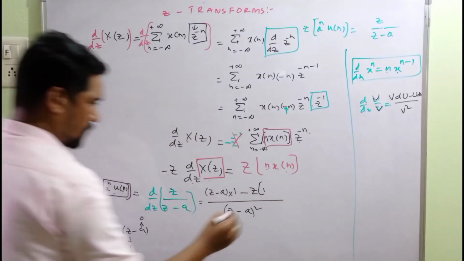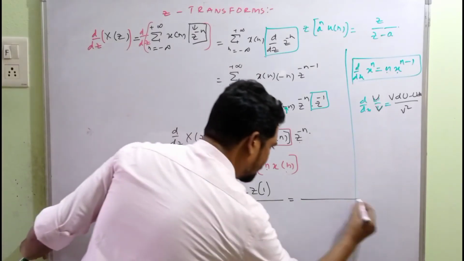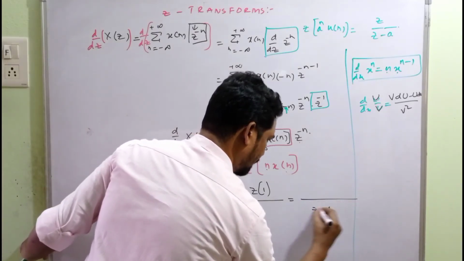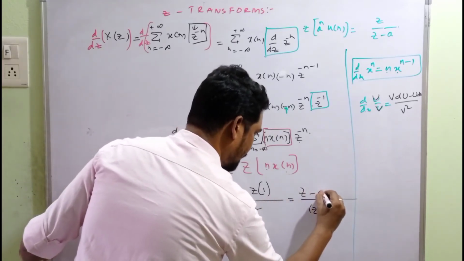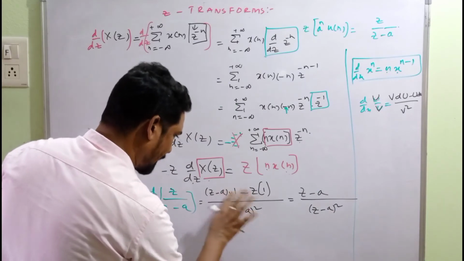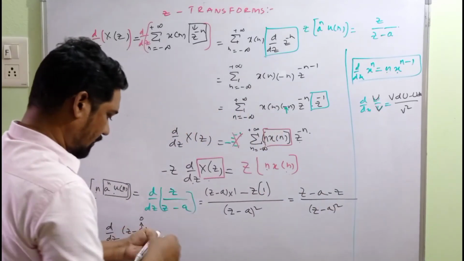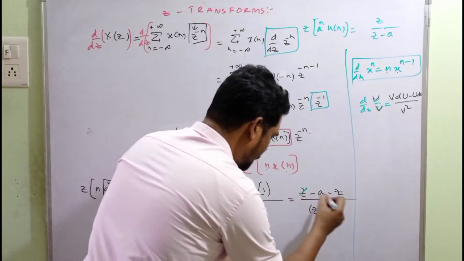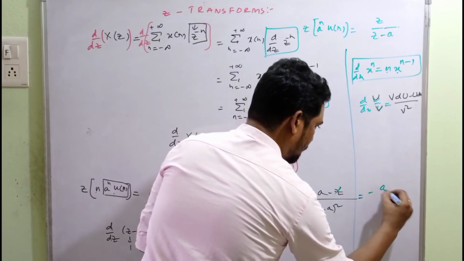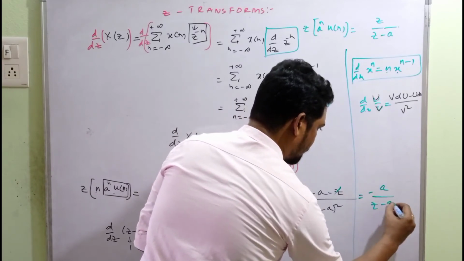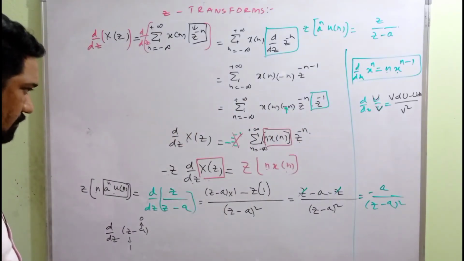Okay, so this is the case, and what we have, guys, in the denominator we have z minus a whole square. This is z minus a into 1, that's okay, minus z. Okay, so in that case, watch carefully, positive z, negative z gets cancelled, and we have minus a by z minus a whole square. Okay, so that's the result.